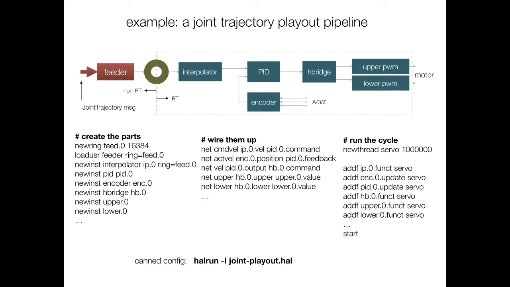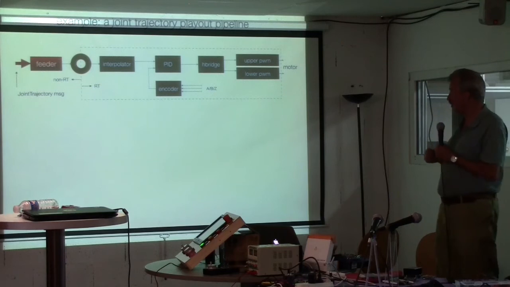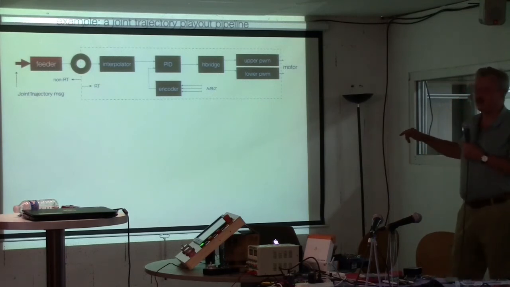You have a motor which drives a particular joint, and you have a position encoder which feeds back the actual position, okay? Because especially after turning on the machine, you typically don't know the position. So that is the classic control loop.